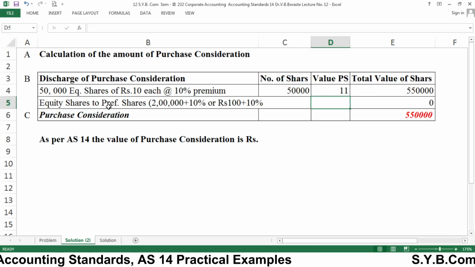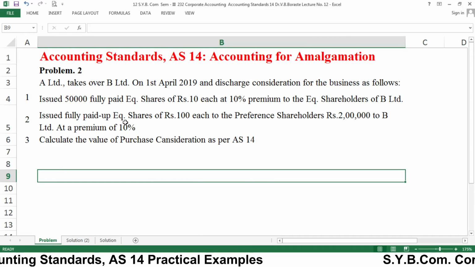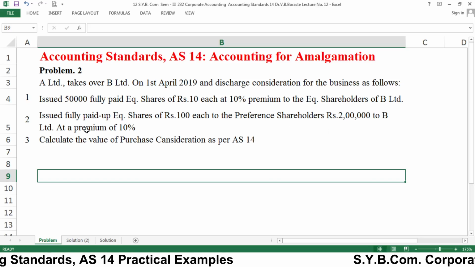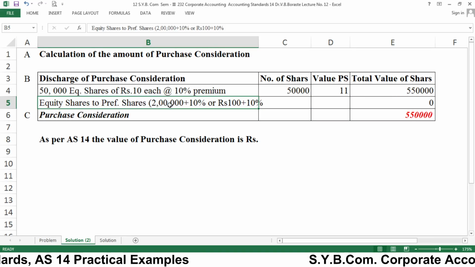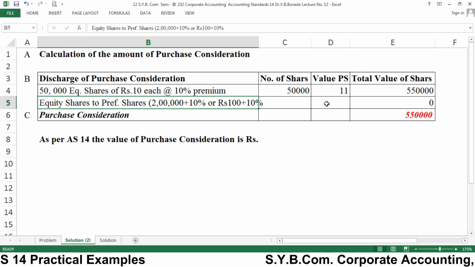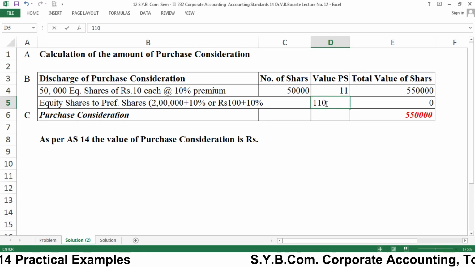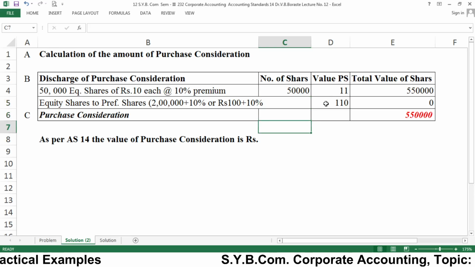And here you can see the second consideration is issued fully paid up equity shares of rupees 100 each to the preference shareholders of rupees 2 lakh of B Limited at a premium of 10%. So equity shares to preference shares, that is 2 lakh, it is face value plus 10%, or you can calculate as 100 per share plus 10% of 100, that is per share value will be 110 and number of shares will be 2 lakh divided by 100, that is 2000.